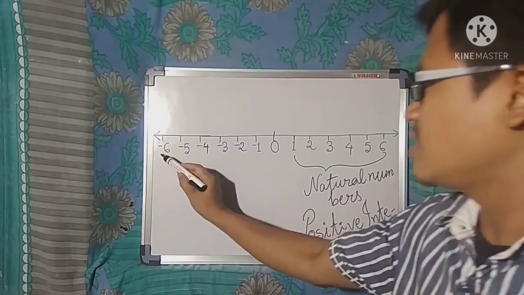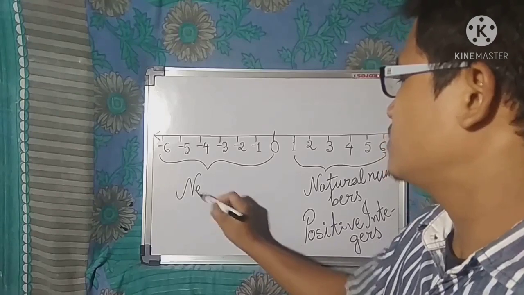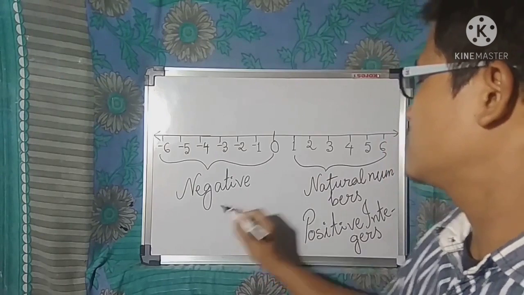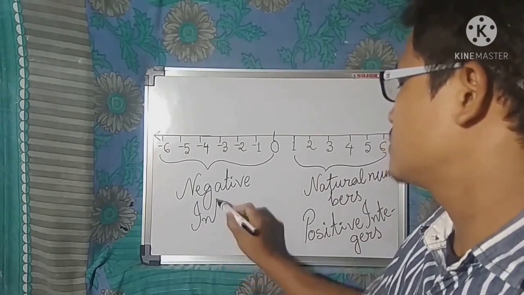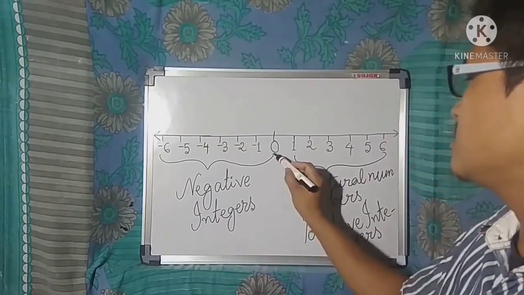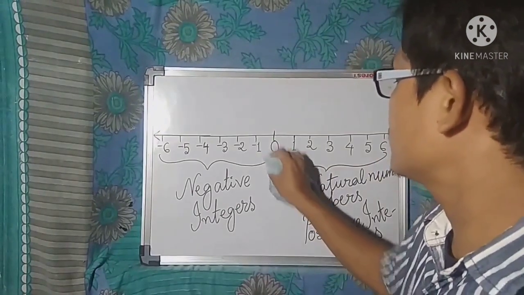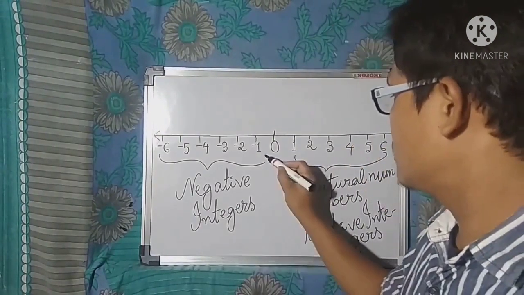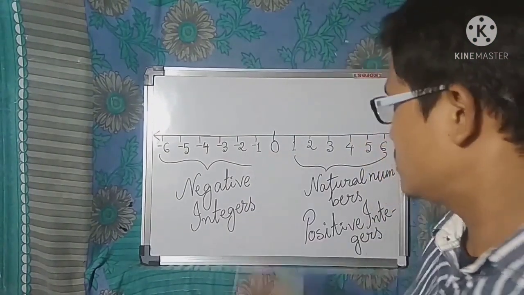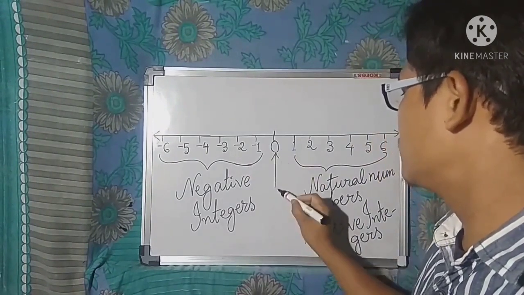And these are negative integers, and this is 0.